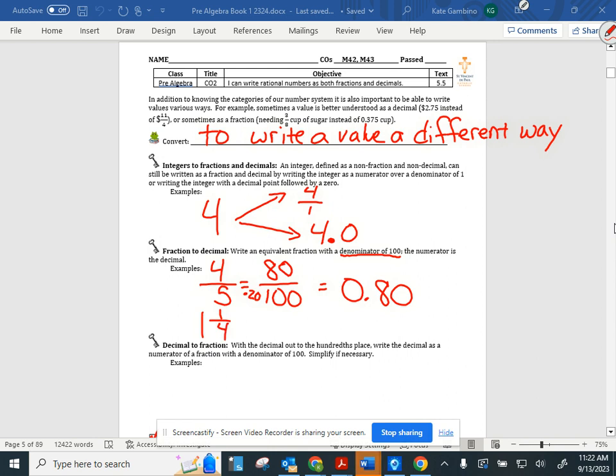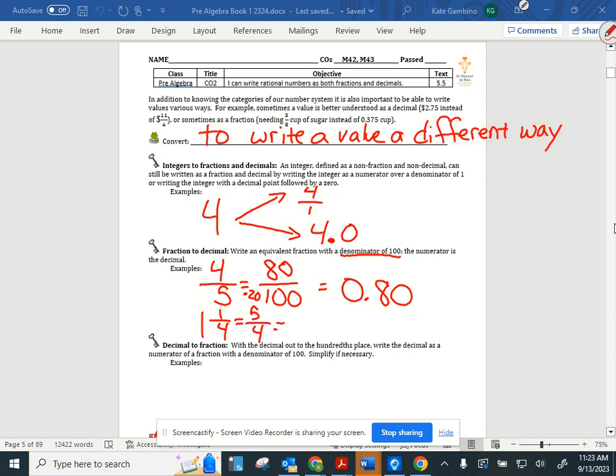Oh, I just threw an added step in there. What do I have to do, Jude? You have to make it 5/4. I have to turn that mixed number into an improper fraction. So 1 and 1/4 is the same as saying 5/4.